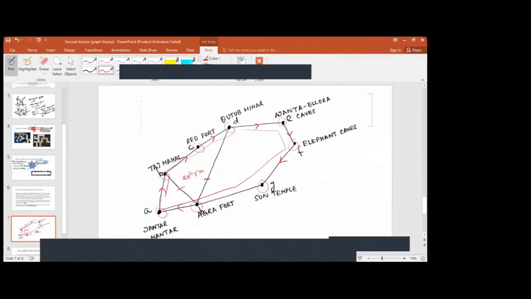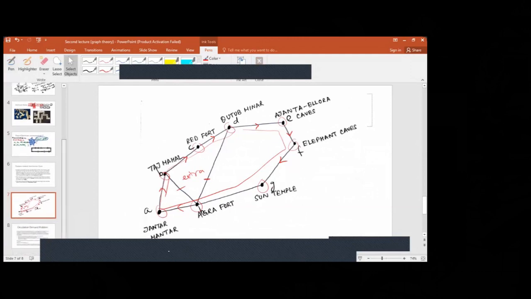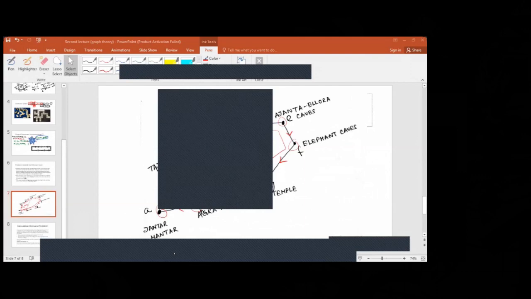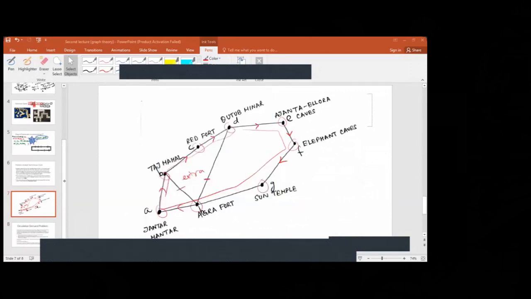So this is the application of a Hamiltonian graph where I visit every vertex only once, right? Understand?